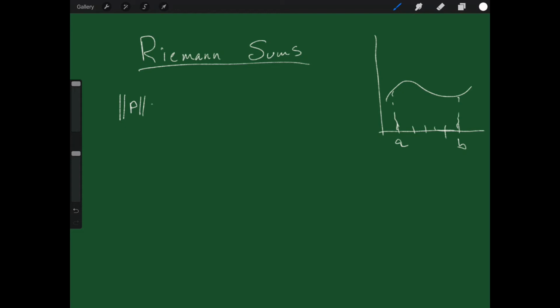Okay, and the way that I'm going to find this special number, which I'm calling the norm of this partition, is I'm just going to take the maximum value of all of the delta x sub k's. So remember the widths here, this width and this width and this width, all of these widths, they could be different.